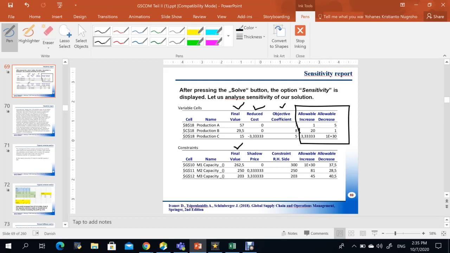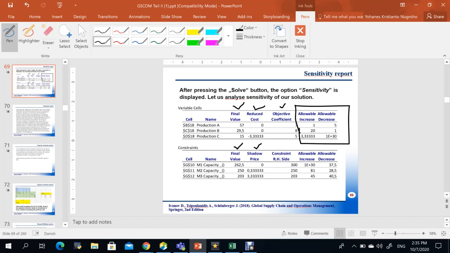So it is a shadow price. So for instance, if the capacity of machine number 1 increased by 1 unit and the shadow price is 0, meaning that there is no additional decreasing in terms of profit. But different to machine number 2 and number 3, where the increase of 1 unit capacity for machine number 2 and 3 will decrease the profit by 0.33. Okay.